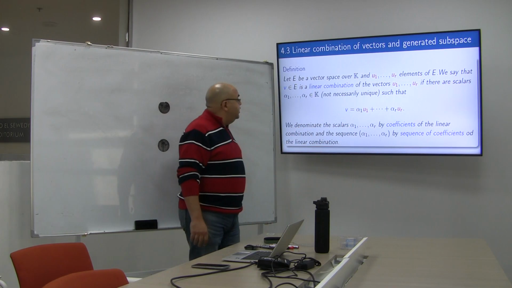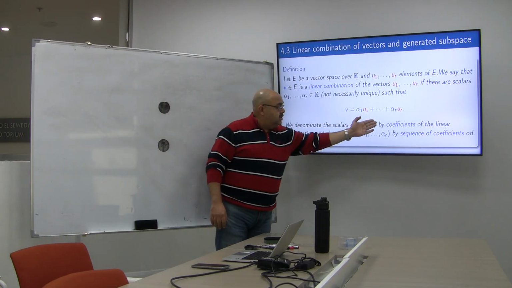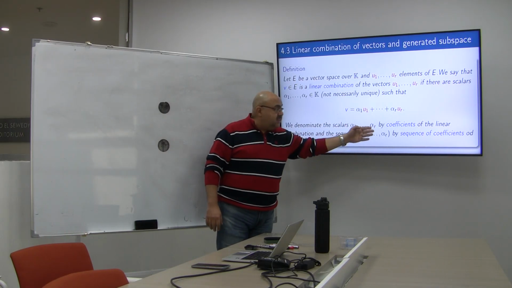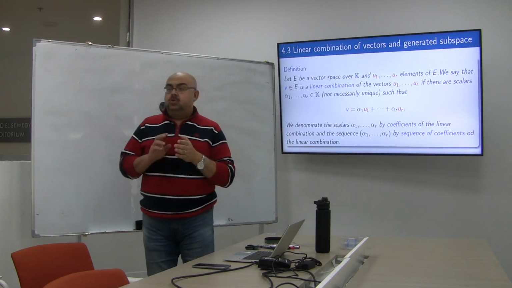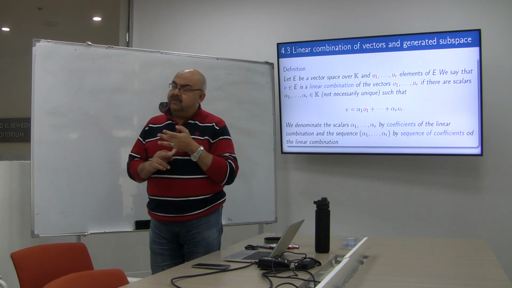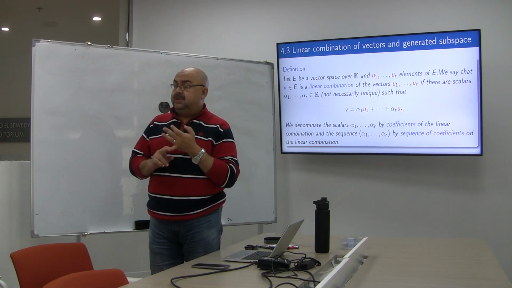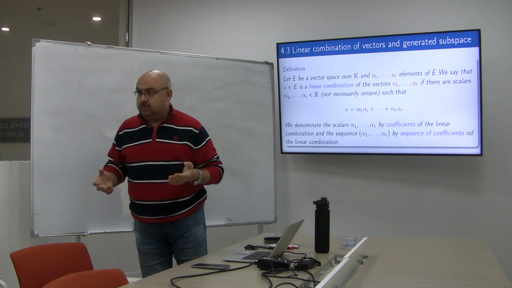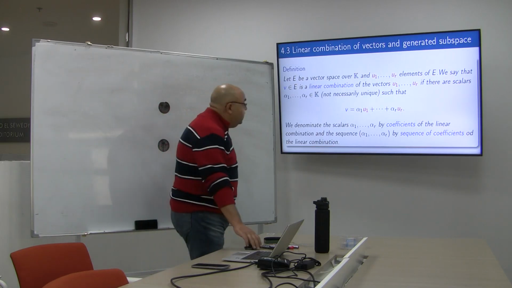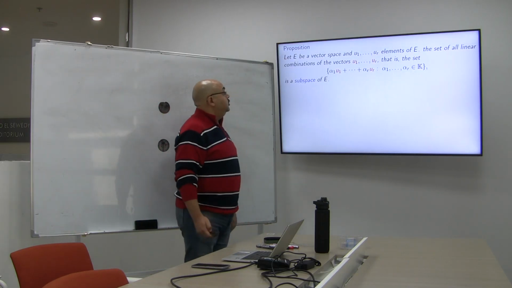This set of scalars we call coefficients, and the sequence and arrangement is important, which means you will identify the values of alpha 1, alpha 2, alpha 3, and their arrangement, alpha 1 times u1, alpha 2 times u2, is important also. So that's the meaning of a linear combination.